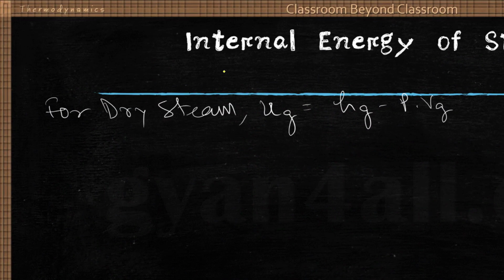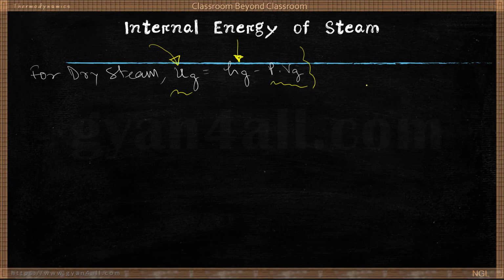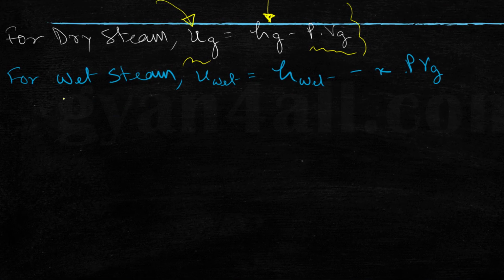For dry steam, in place of U we can write UG. That means the internal energy of dry steam is equal to the enthalpy of dry steam, Hg, which is equal to HF plus HFG, minus PVG. So this is the relation for the internal energy of dry steam. Then what about wet steam?